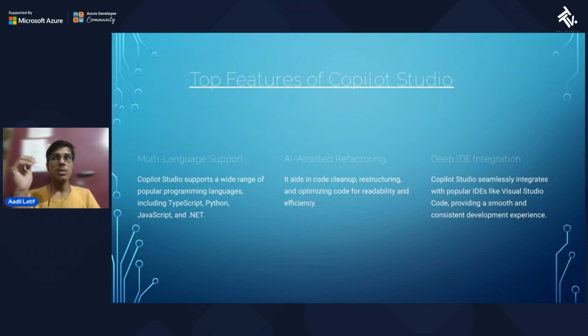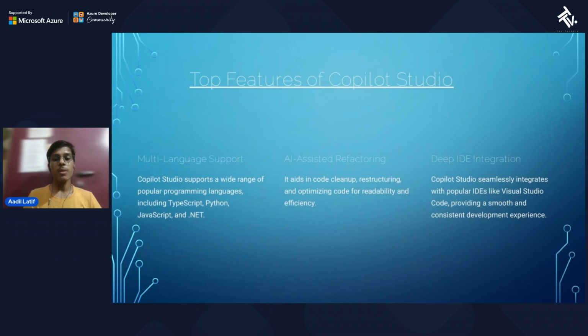These features collectively empower developers to write better code more efficiently, enhancing our overall programming experience. If we are a beginner, then it will help us in a great way.